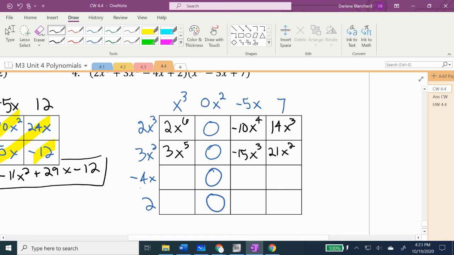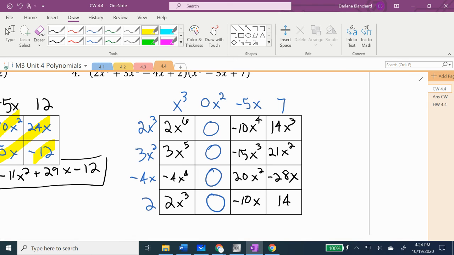For row 3, I have negative 4x multiplying to x cubed, and then multiplying to negative 5x to give me positive 20x squared. And then negative 4x multiplied by the 7 gives me negative 28x. For the last row, I have 2 times x cubed, negative 10 times x, and 14.